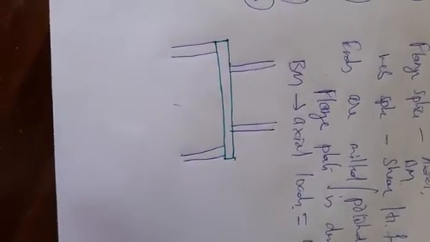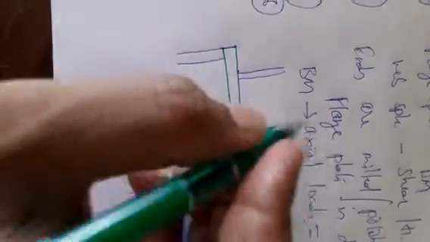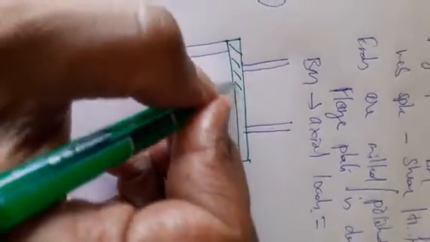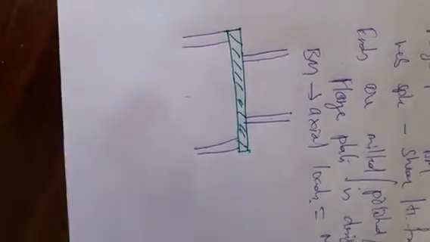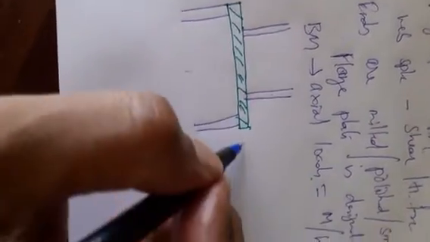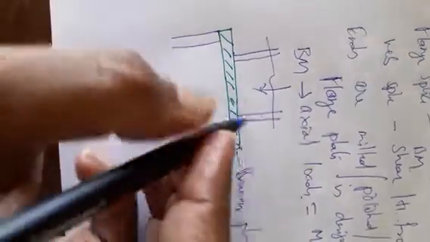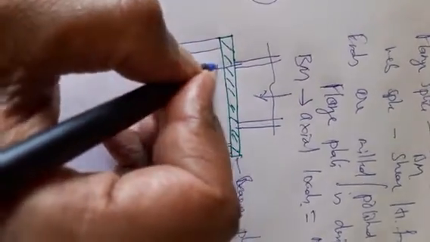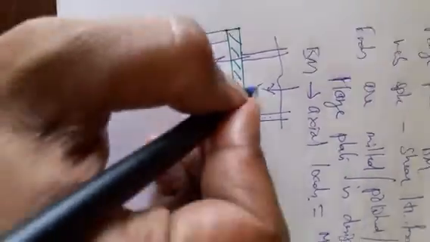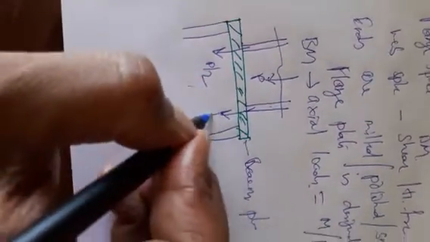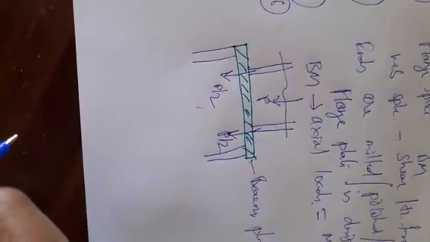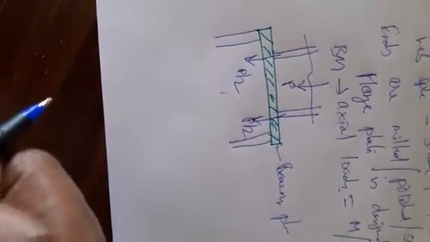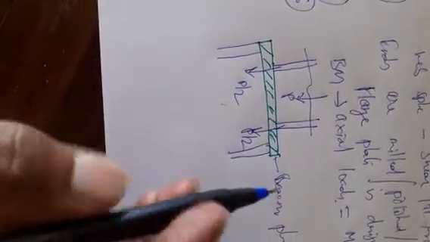I want to connect these two unequal columns together. In that case, we provide a bearing plate. This plate is called a bearing plate. Whatever load P is acting, that P is acting through this flange and this flange. If this is P, then P by 2, P by 2. Here loads are transferred through the bearing plate.